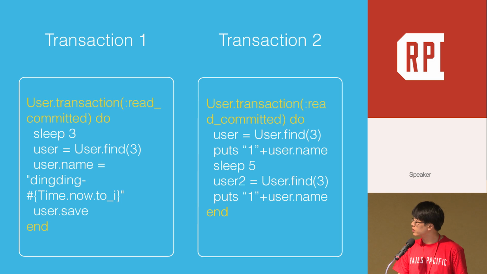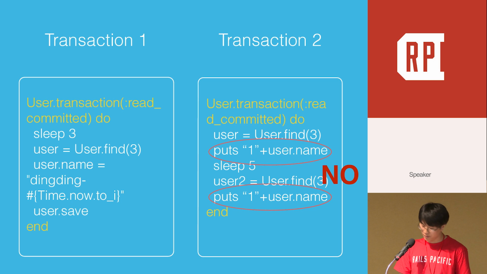So the second print will show a different value: the first was old and the second will be the newest name. So this is for read committed. It's the default in PostgreSQL.